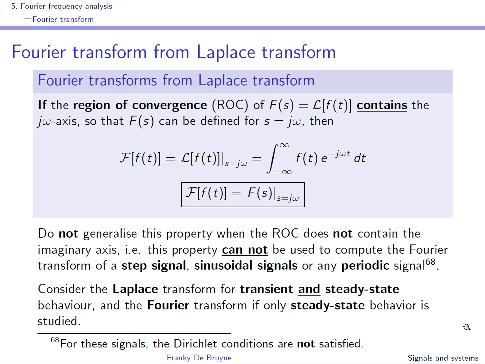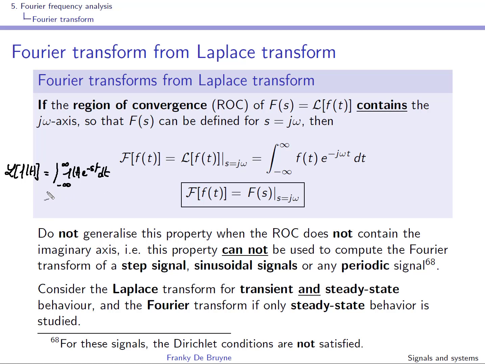You have probably noticed the similarity between the Fourier transform and the Laplace transform. Remember that the Laplace transform of f of t is the integral from minus infinity to infinity of f of t e to the minus st dt, right?